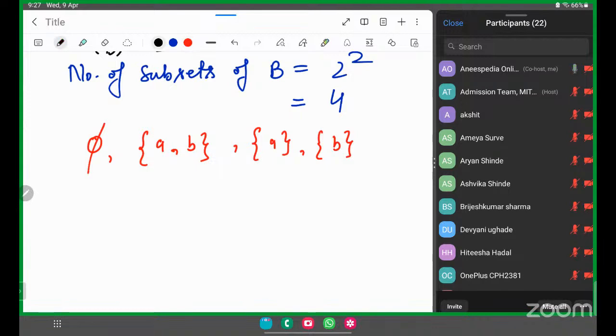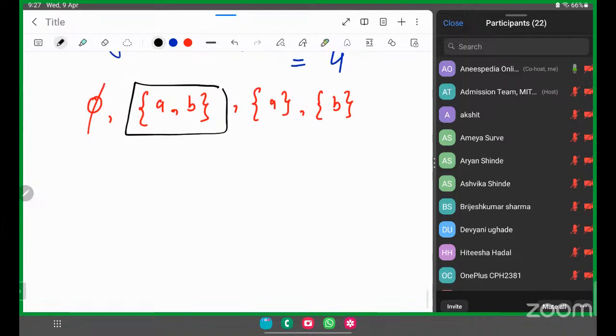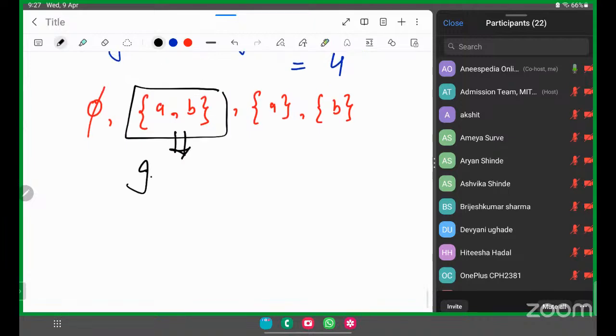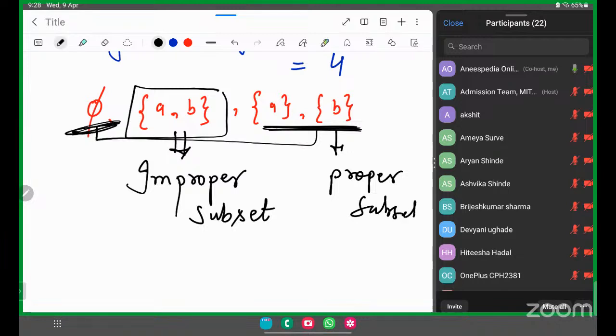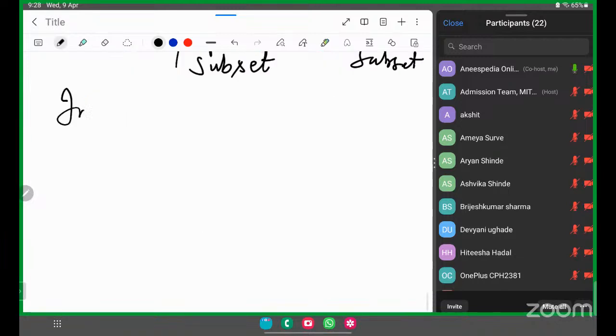In these 4 subsets, this subset is known as the improper subset, and the rest of them are proper subsets. The improper subset is 1, and it will be 1 in all the cases.